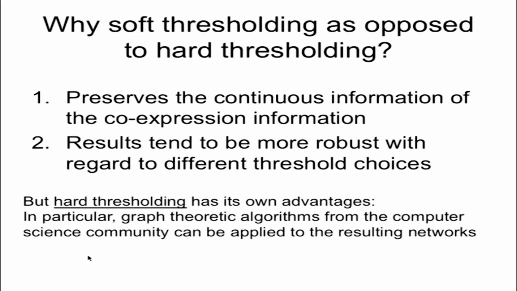So if you use a soft threshold of 6 or 8 or 10, you get very similar modules. But if you use a hard threshold, let's say 0.5 versus 0.8, you get very different modules, it's less robust. But there is one major use of hard thresholding, meaning unweighted networks, which is that you can use graph theoretic algorithms from the computer science community to analyze your data.